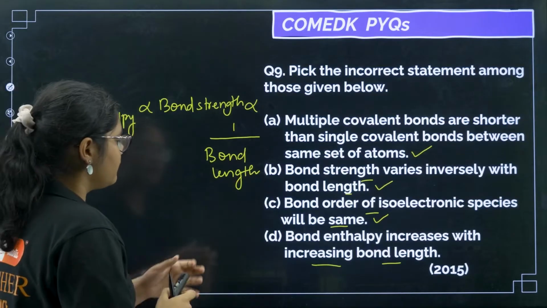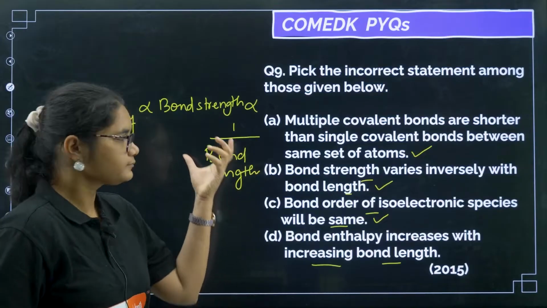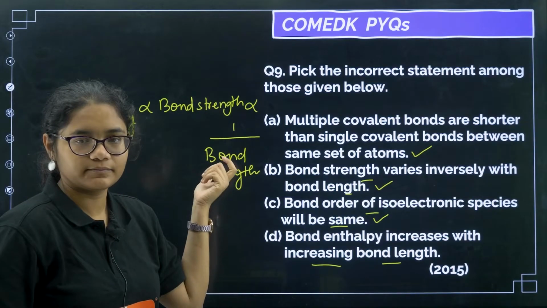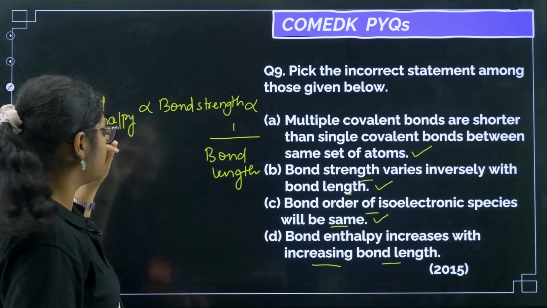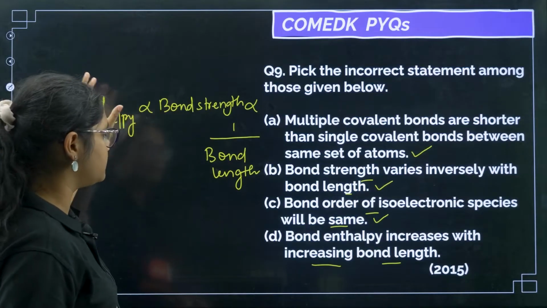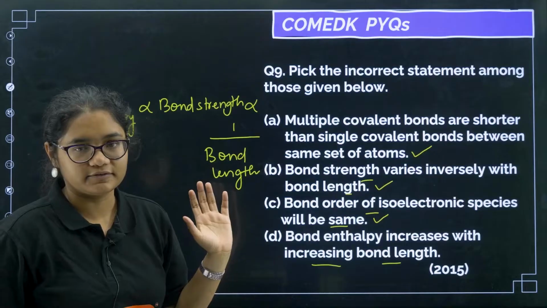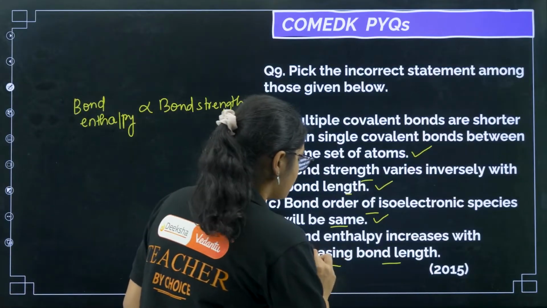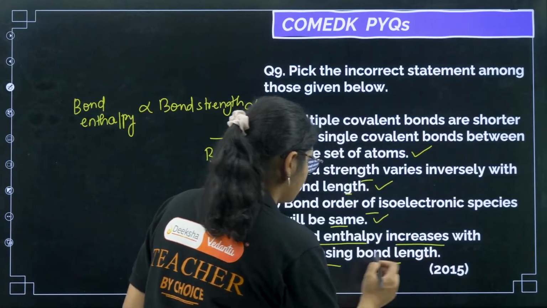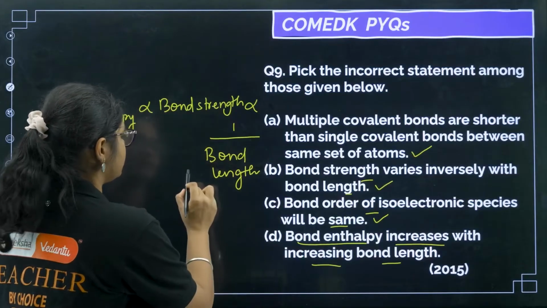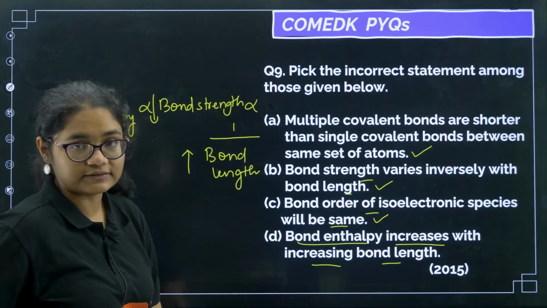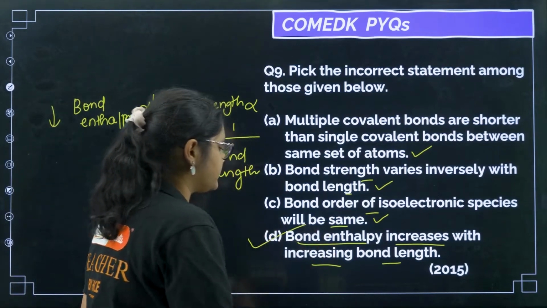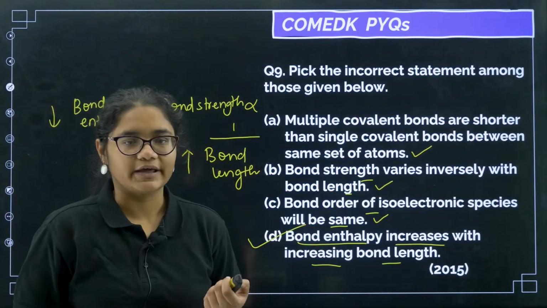So if bond length is more, bond strength will be less. Bond strength is less, bond enthalpy will be less, right? Bond strength is more, bond enthalpy will be more, bond length will be less. So you can see here, bond enthalpy increases with the increase in bond length. So if bond length is increasing, bond strength will decrease, bond enthalpy will also decrease, right? So that is why this is an incorrect statement. Option number D is the correct answer.